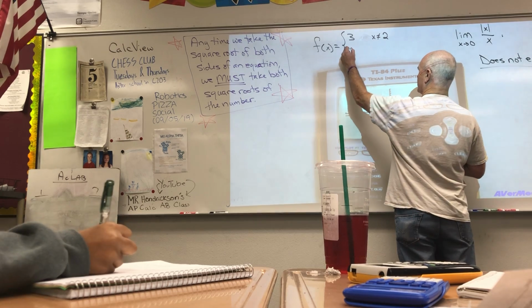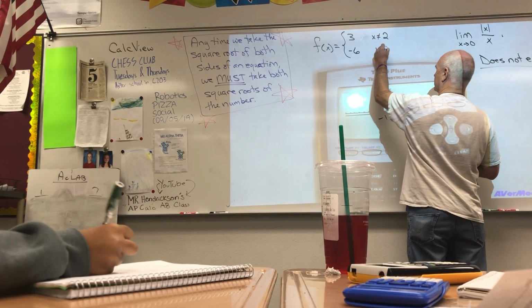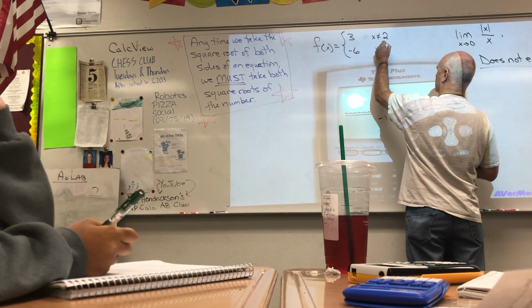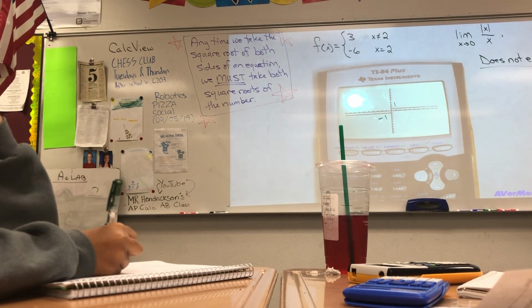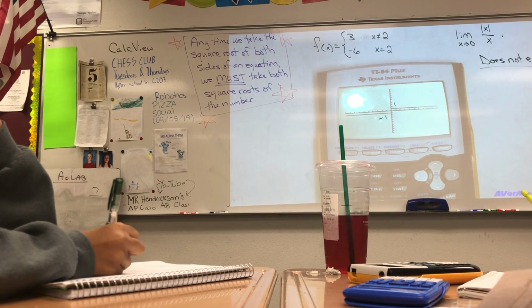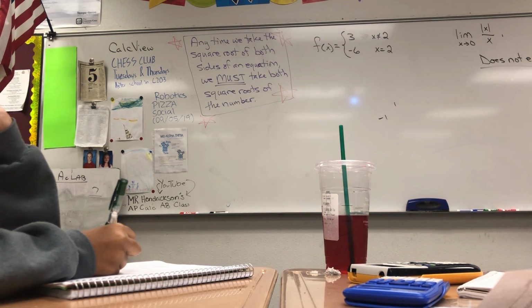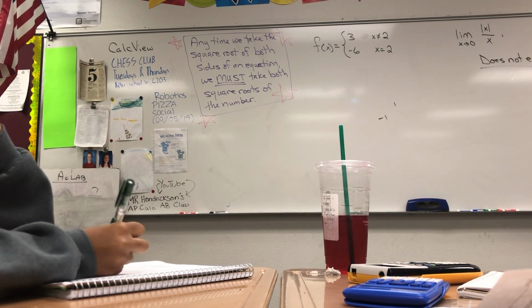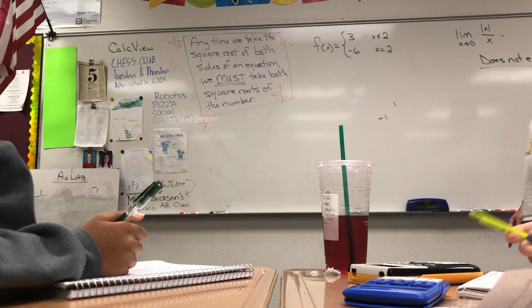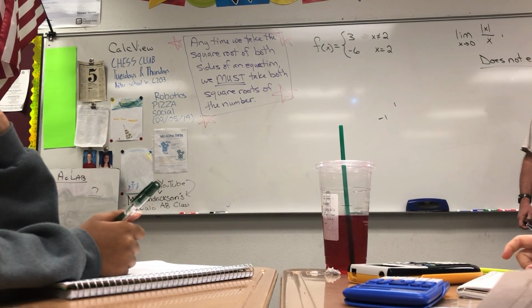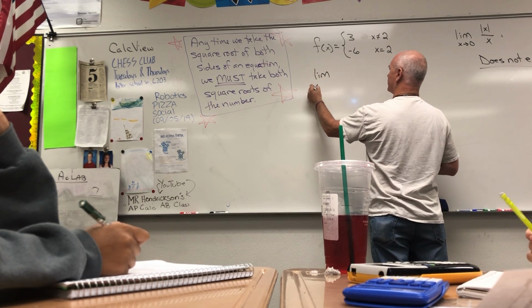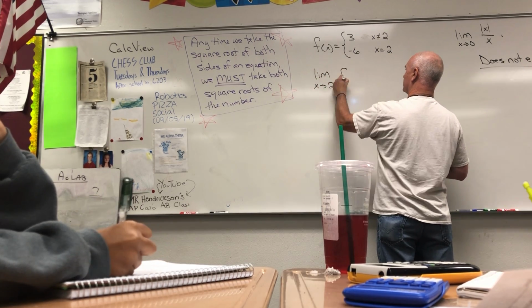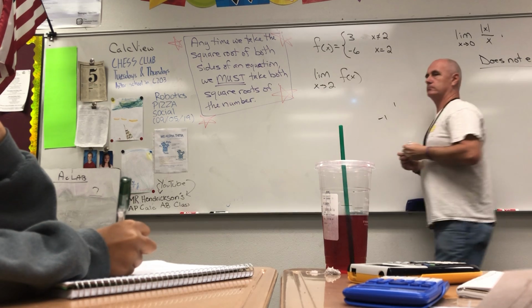But f of x is negative 6 when x is equal to 2. So the question is, what is the limit? Oh, the limit as x approaches 2 of f of x.